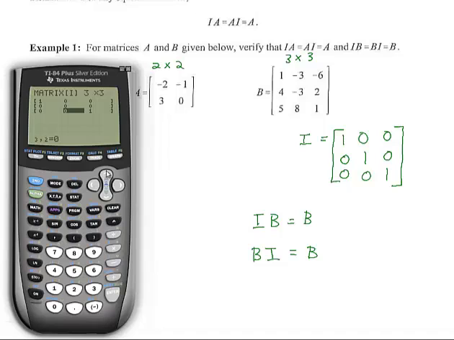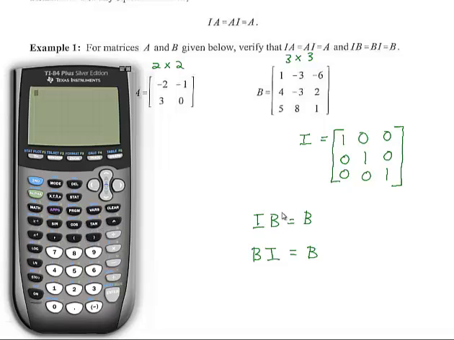And we can arrow around to avoid having to enter 0 so many times. And so we take the principal diagonal, we put in ones, zeros are already in the other spots, and we hit enter, and we go back to the home screen.